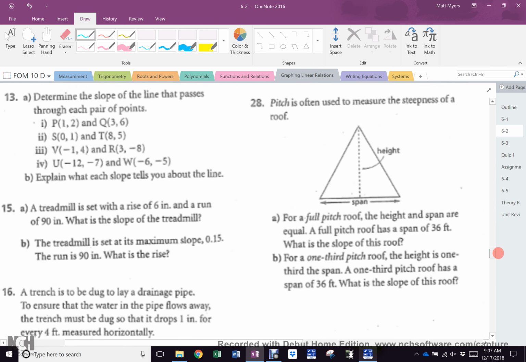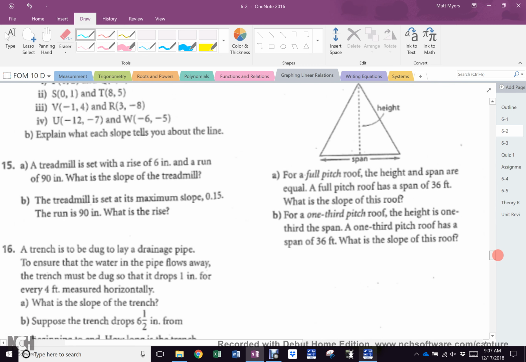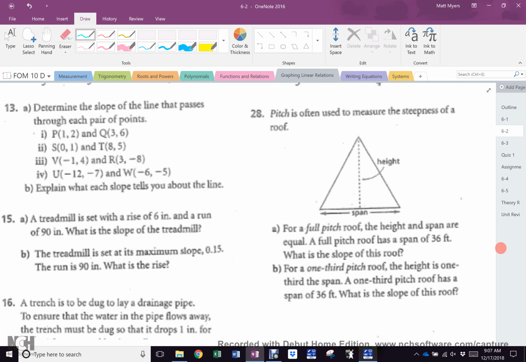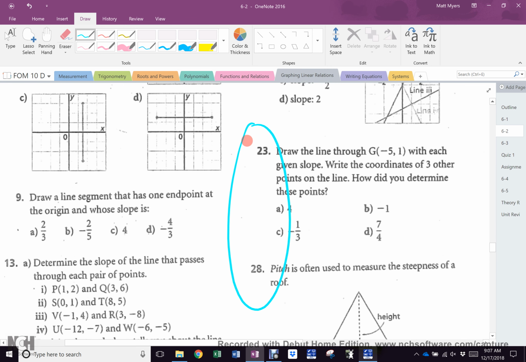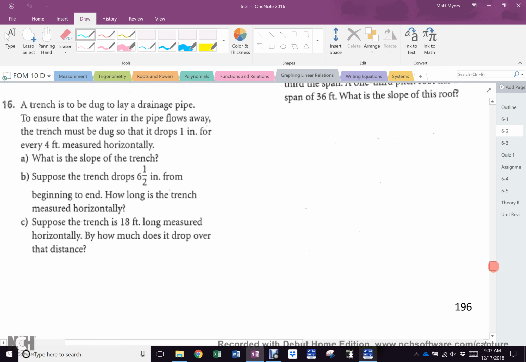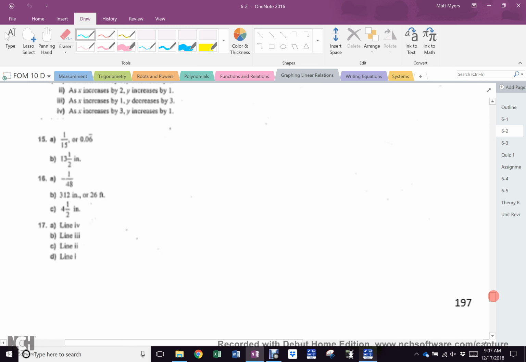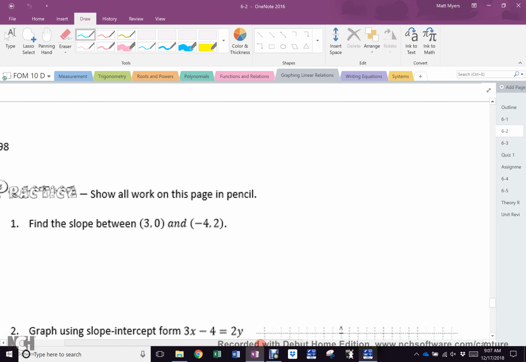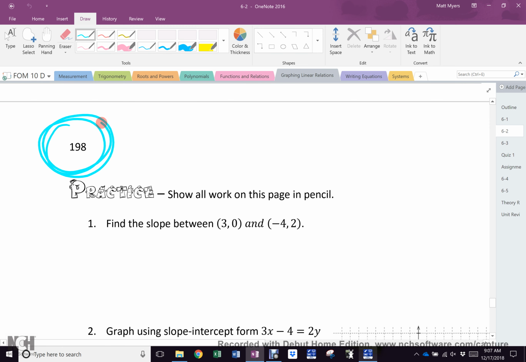If you get a couple of these, that means you can do the last couple. If you do the first couple and you're like, yeah, I got this, no problem, try the last two. What's important to me, because you have the answers there, is page 198.